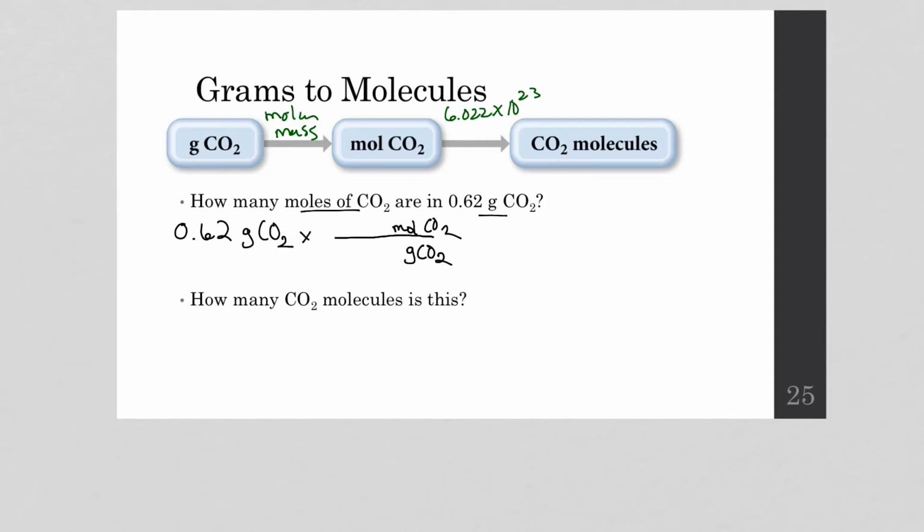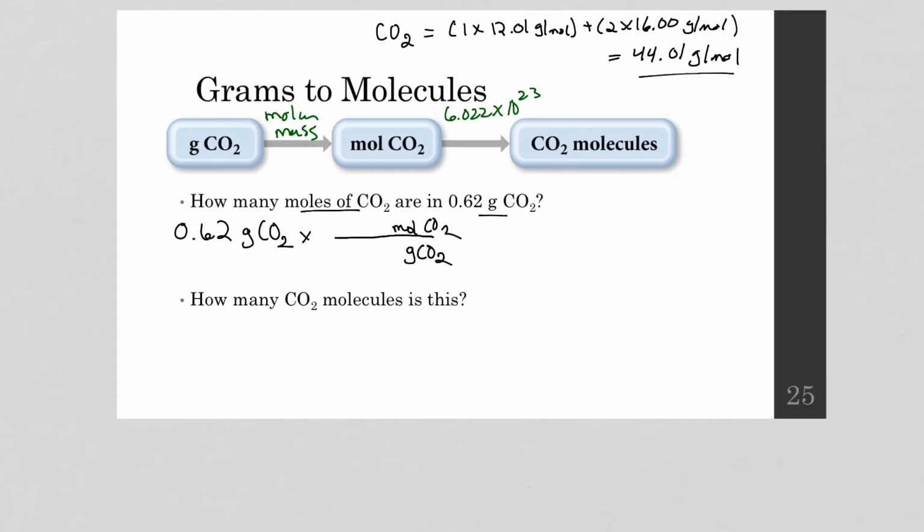So I'm just going to go up here. For CO2, I have 1 carbon, so that's 12.01 grams per mole, plus 2 oxygens, so 2 times 16.00 grams per mole. And if you add all that up, you get 44.01 grams per mole as my molar mass.